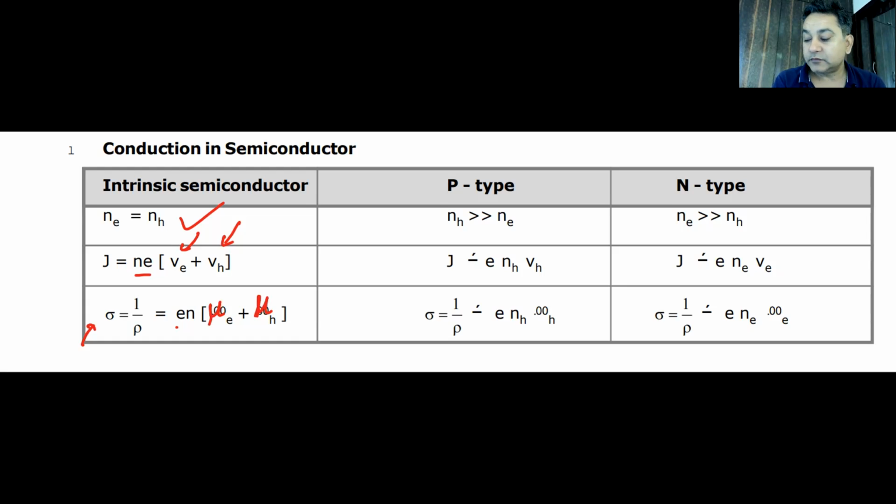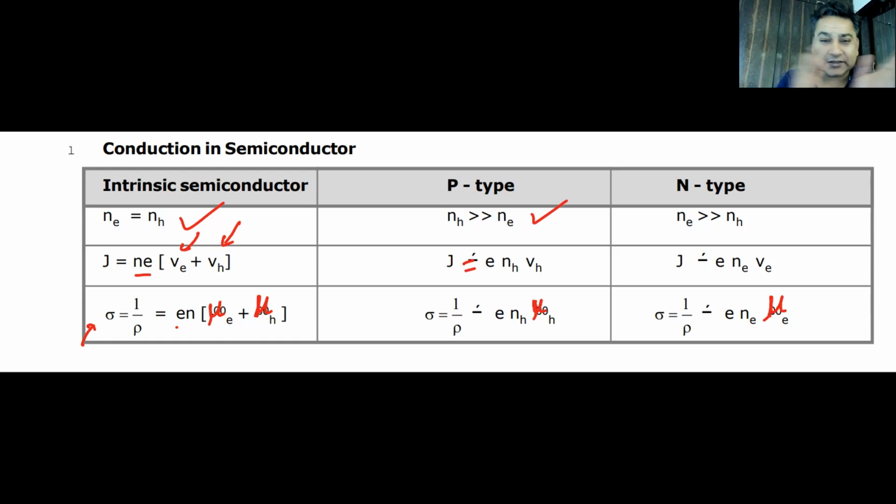Yes, sir. Here in p type, the number of holes is very high, so we have NH into VH into E. Do we understand this? Only the hole terms are coming. Yes, sir. Here it will be simply multiplied by the mobility of the holes. Here we have the mobility of the electron.